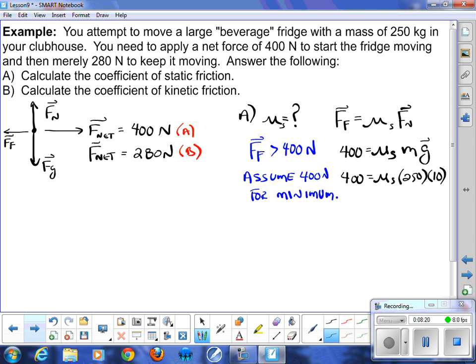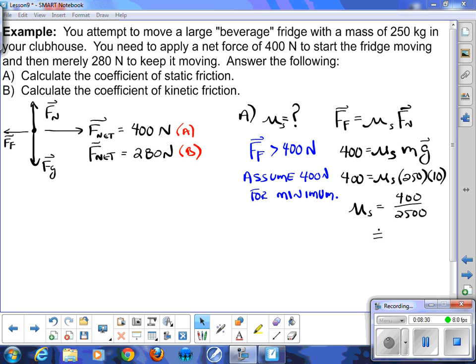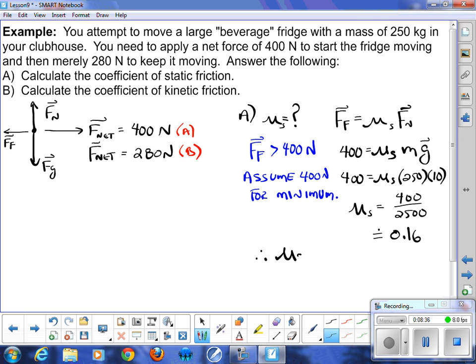So we end up with our mu s being equal to 400 over 2500, which we're going to call equal to 0.16. So therefore, the static coefficient of friction is 0.16, which is relatively low, so it must be on a fairly smooth surface, so maybe a hardwood floor, for example.